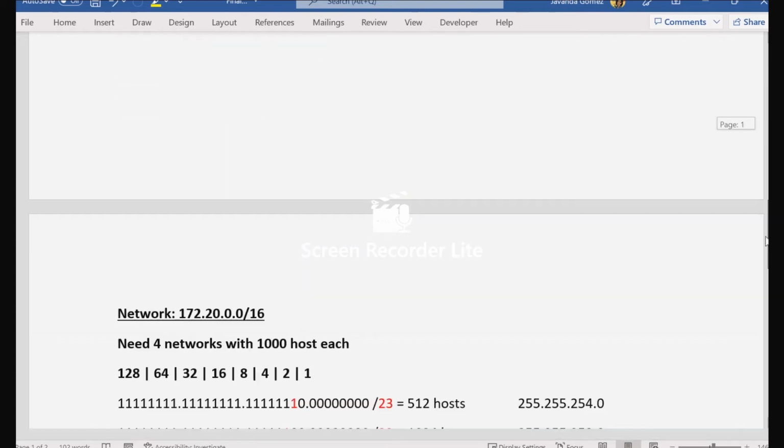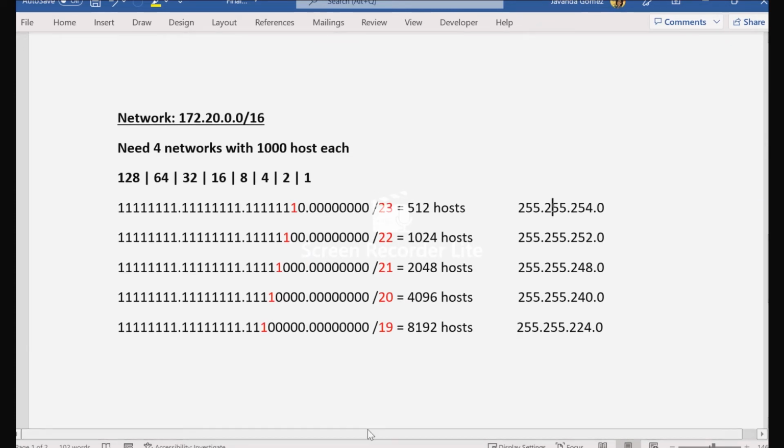As you can see, we would have done up a /19 that will give us 8,000 hosts that we will be using for that network with the 5,000 hosts needed. So again, instead of borrowing bits, when we borrowed bits, we said, okay, this would have been a 128. The magic number would have been 128. Now we are taking away in order to have a bigger amount of hosts.